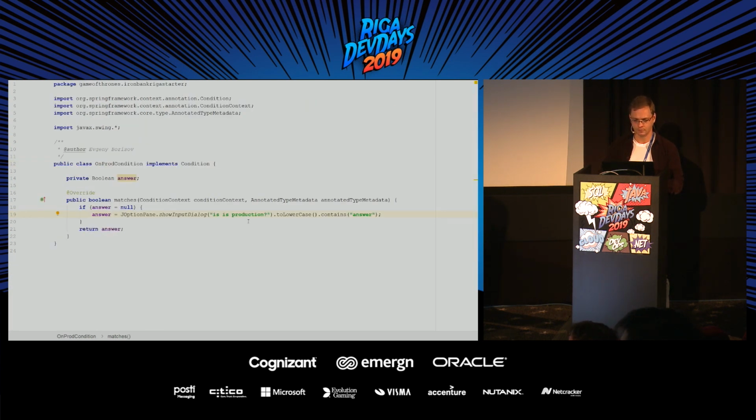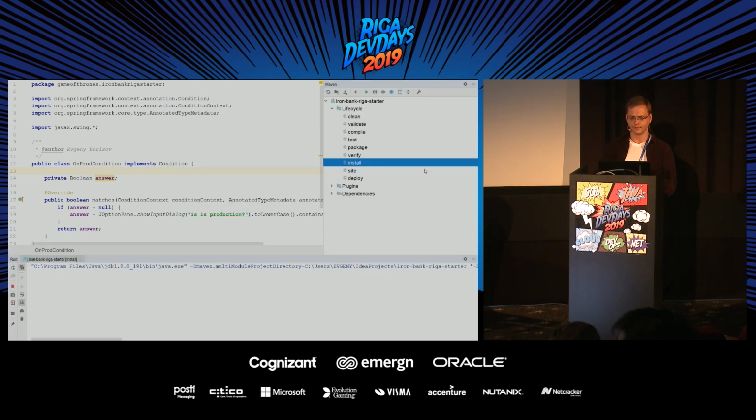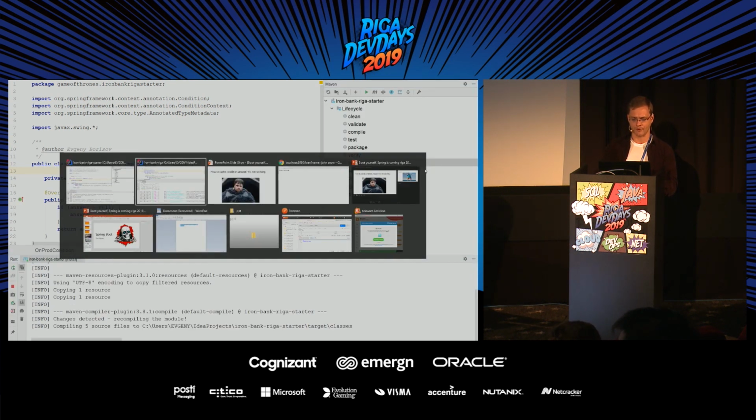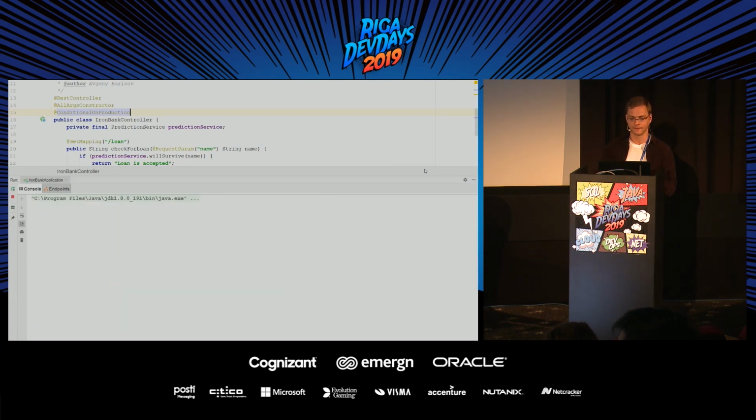Where? Ah, okay, because of that he asked me. Okay, contains yes, right. And now if I build it again, let's see, where's my Maven? Here it is. Maven install. And we'll try to rerun it again in order to understand whether we solved the problem or not.